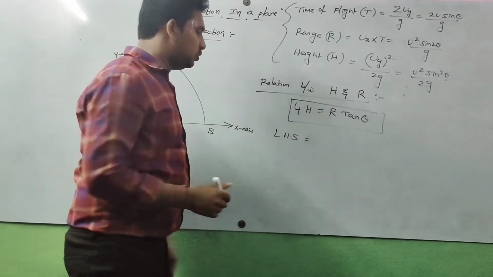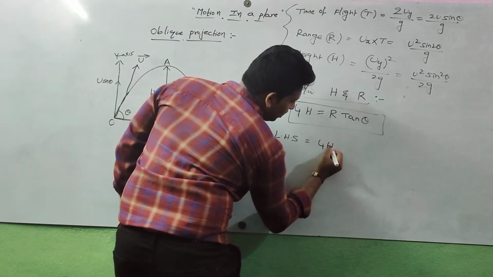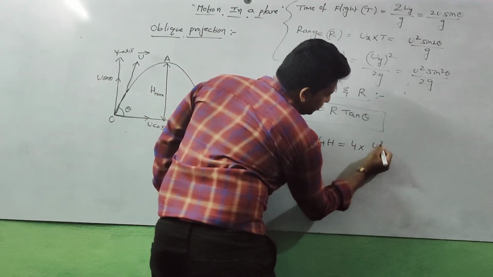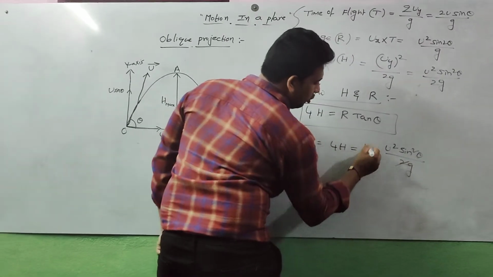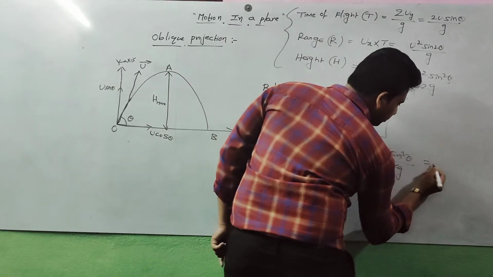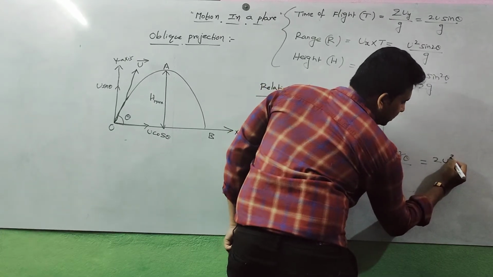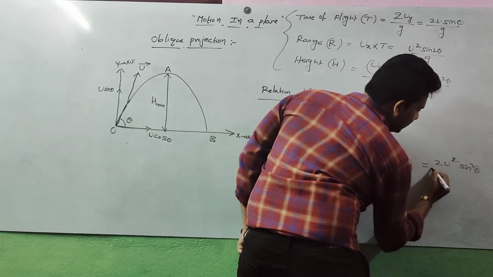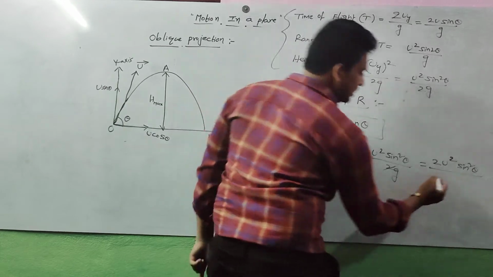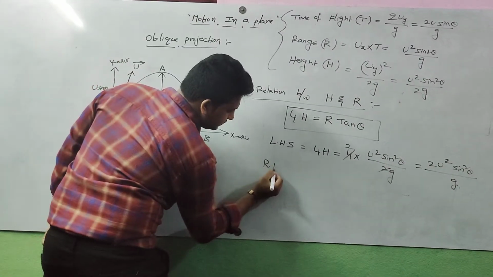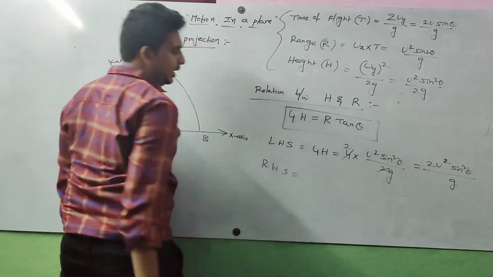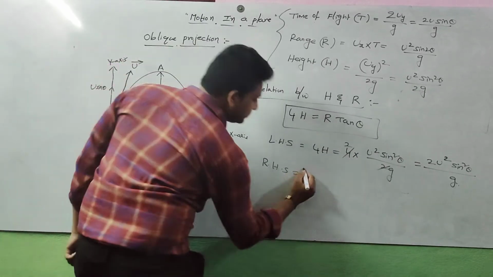So LHS is 4H. That means 4 into H, that is u square sin square theta by 2g. 2 goes into 4 two times. So we get 2u square sin square theta by g. Next, RHS is equal to R tan theta.